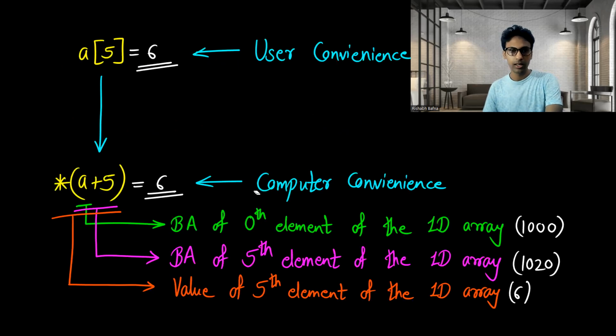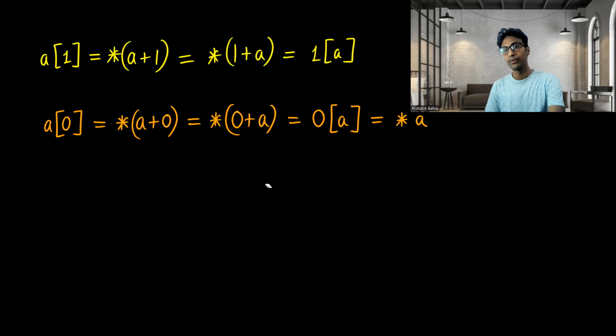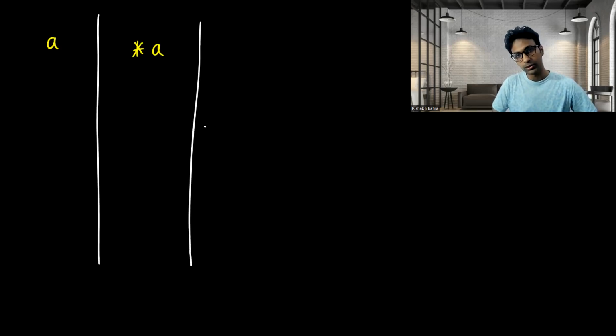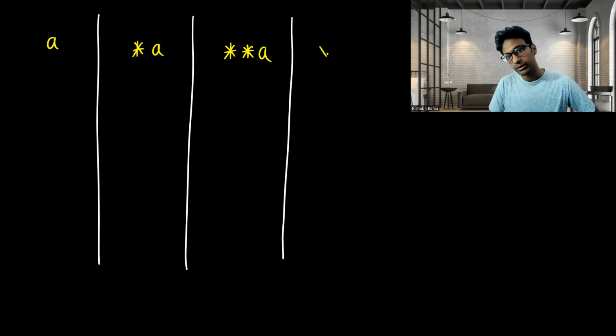So there's not much left in 1D arrays. We can take a lot of examples. Just take some examples and do let me know the values of these: what will be the values of star a, and so on.